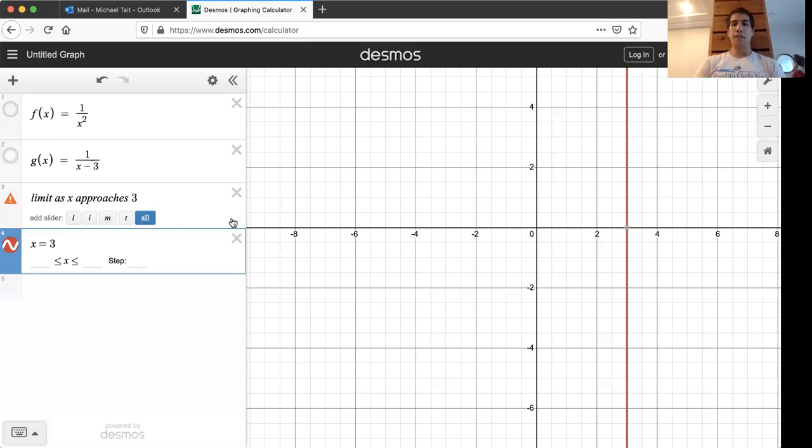So on the left-hand side, this function is going to get very, very negative. It's going to approach negative infinity. Whereas on the right-hand side, this function is going to be very, very positive, so the right-handed limit is going to approach infinity.